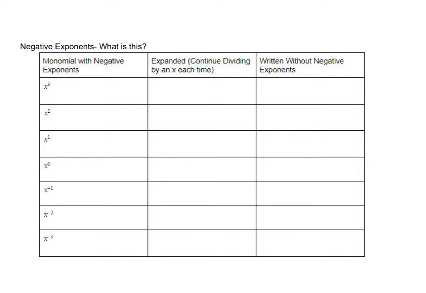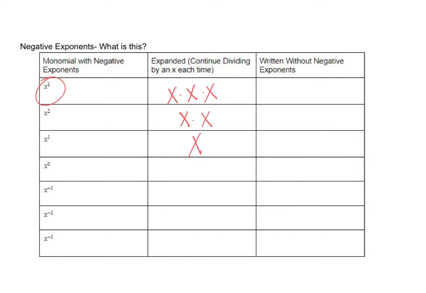So let's see where negative exponents came from. I'm going to take x to the third power and expand that, meaning x times x times x. I'm going to do that for the other two.